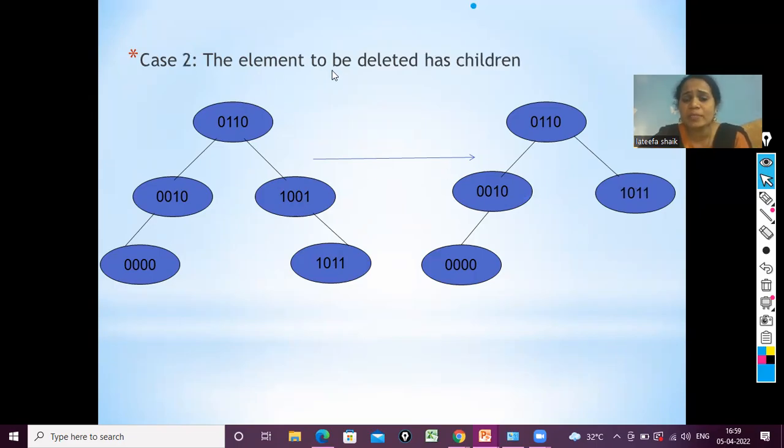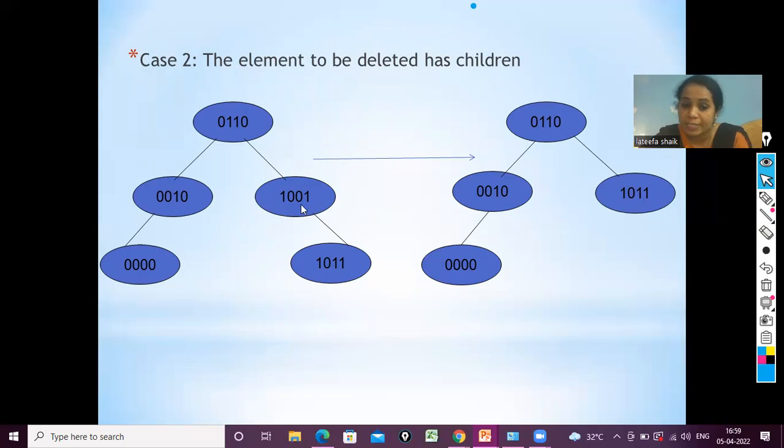Now, when it comes to deleting a node that has children. Suppose you are trying to delete 1001. 1001 has a parent and has a child. The child here is the leaf. So we are deleting the parent of the leaf, that is this element.